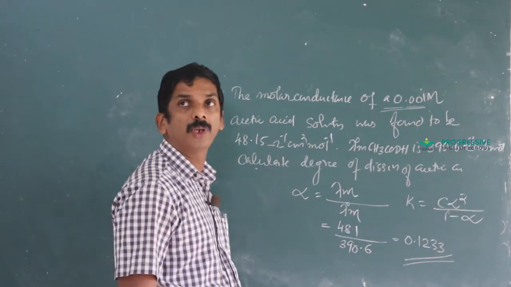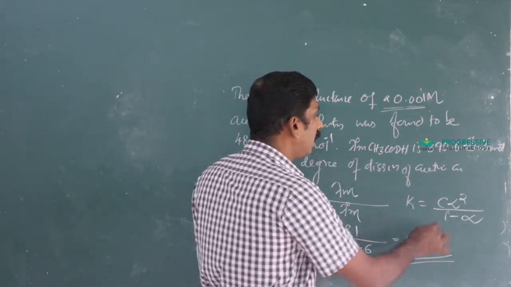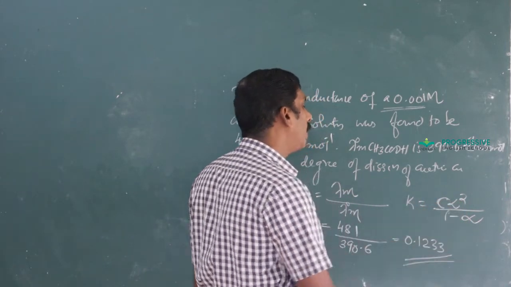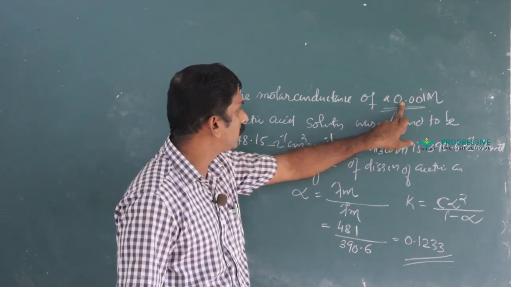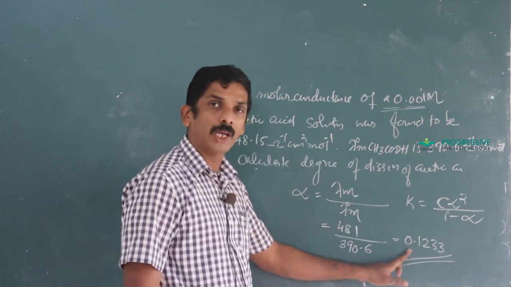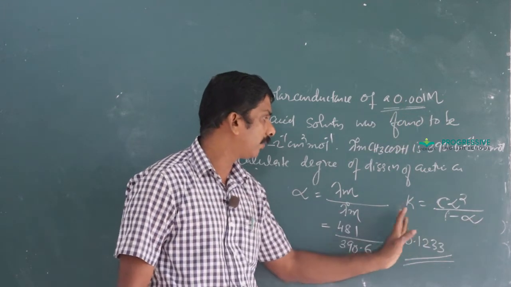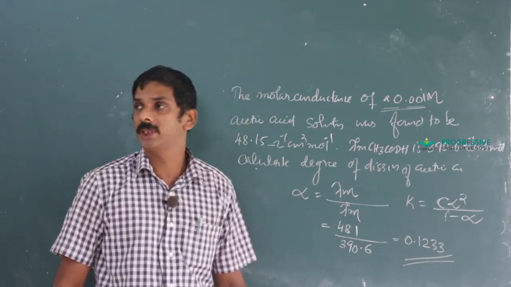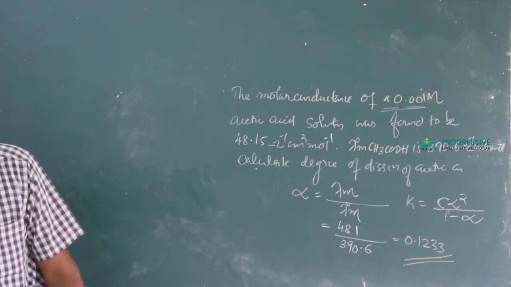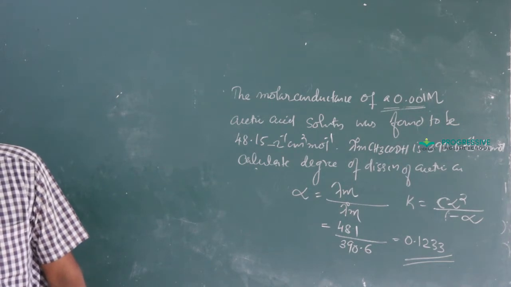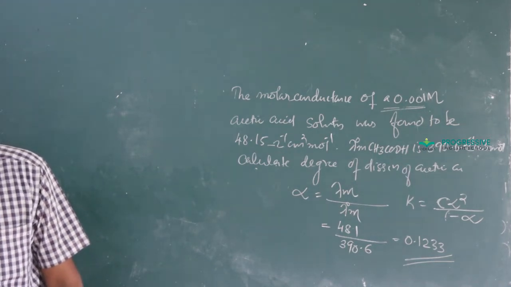That is the expression for dissociation constant. Here the concentration is given, 0.001. We get the value of alpha and 1 minus alpha, then you get the dissociation constant. That is the second application of Kohlrausch's law. Okay.